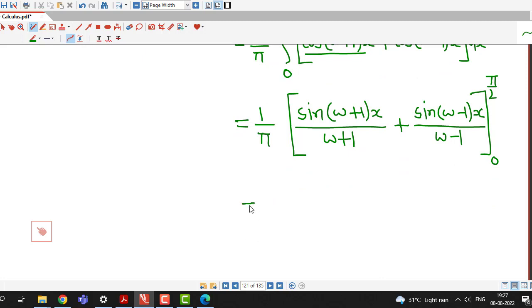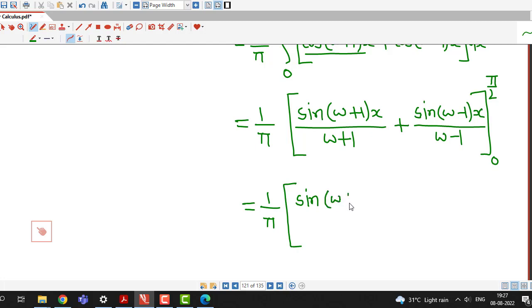And now we substitute x equal to pi by 2 for the upper limit, and for the lower limit, if we take x equal to 0, here I will have sin 0, and this is also sin 0. So there is no contribution for x equal to 0. We will have a non-zero quantity only for x equal to pi by 2.